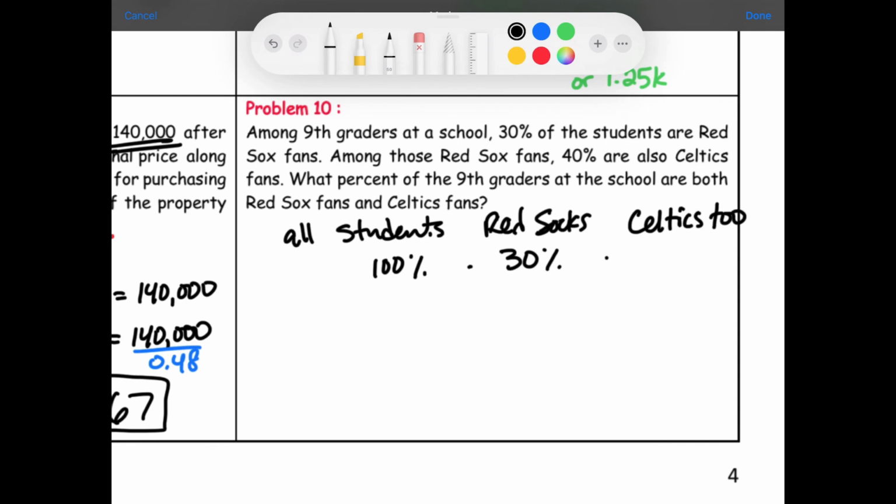It says that's 40%. So we'd multiply by 40%. We're going to turn these all into decimals here in a minute. 100% is 1, 30% is 0.3, 40% is 0.4. If you multiply these three together, you get 0.12, which is 12%. That's it for page 4.